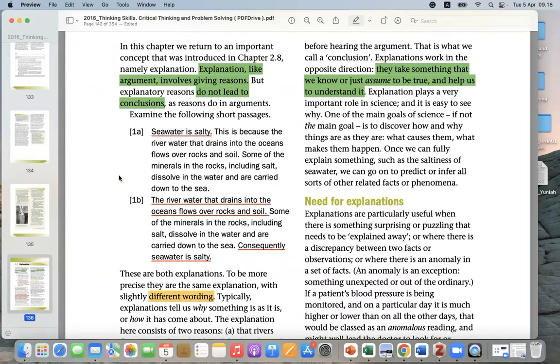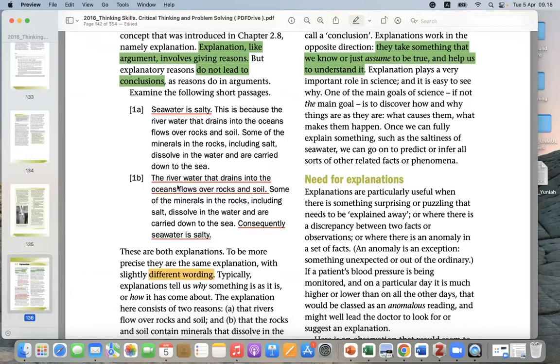And then number two: the river water that drains into the ocean flows over rock and soil, and some of the minerals in the rocks, including salt, dissolve in the water and are carried down to the sea. Consequently, seawater is salty. The last sentence is confirming the conclusion of the claim that seawater is salty.